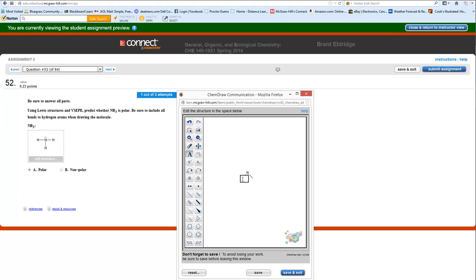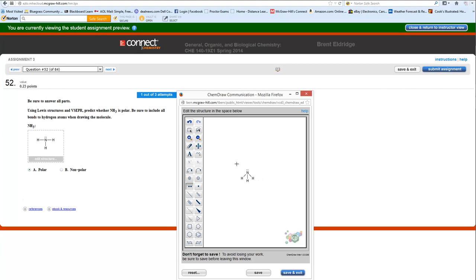So hydrogen, hydrogen, hydrogen, and then put a lone pair on the nitrogen. So highlight this and go like that. Now you go, why would you do that? Well, this shows the VSEPR of it.